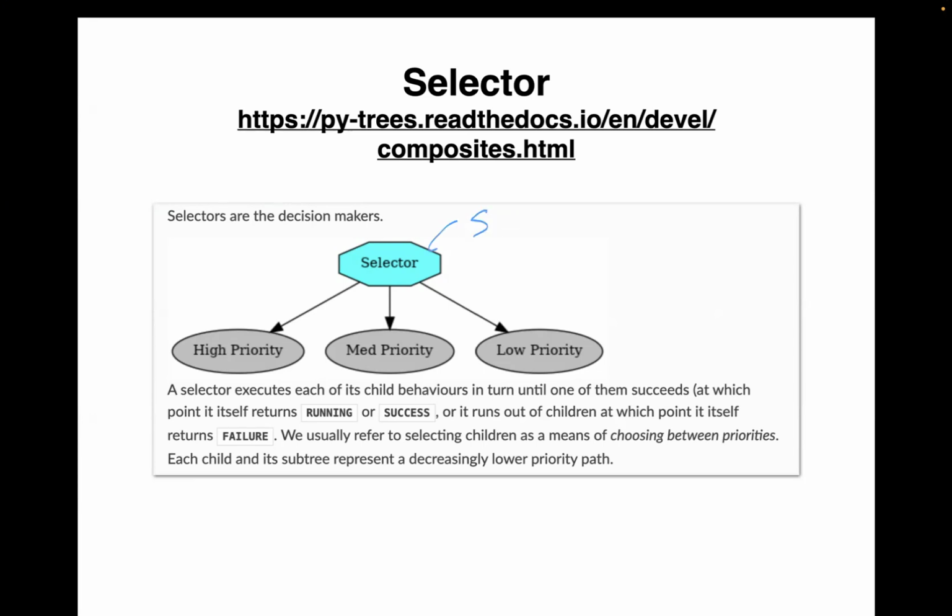A selector executes each of its child behaviors in turn until one of them succeeds, at which point it itself returns running or success, or it runs out of children, at which point it itself returns failure. We usually refer to selecting children as a means of choosing between priorities. Each child and its subtree represent a decreasingly lower priority path.